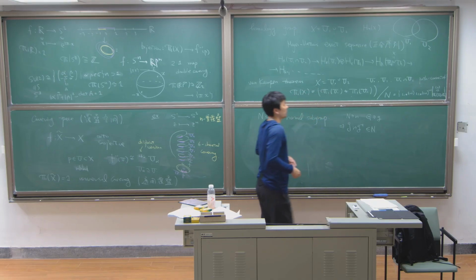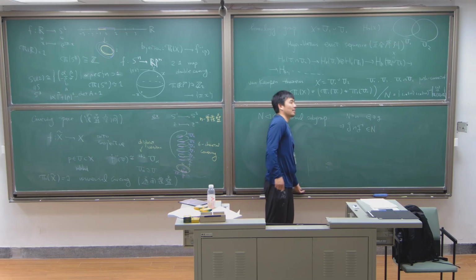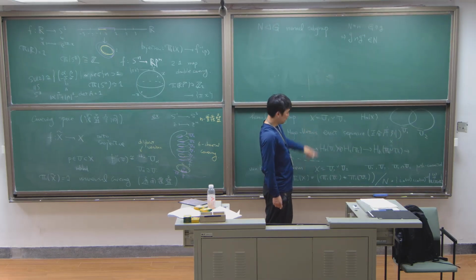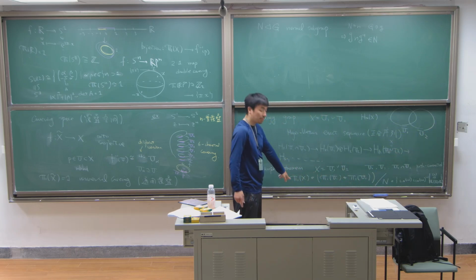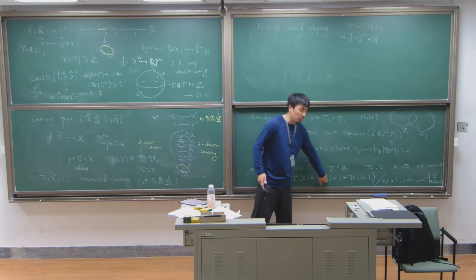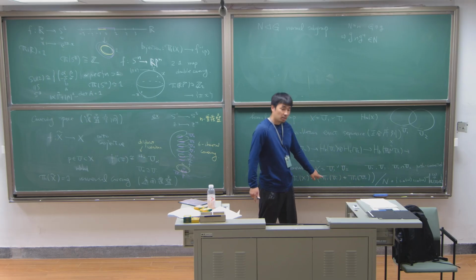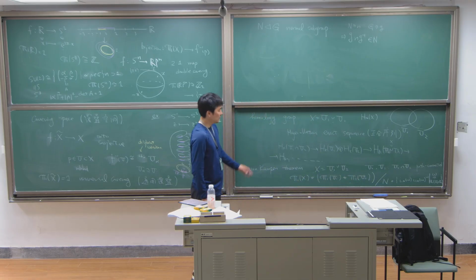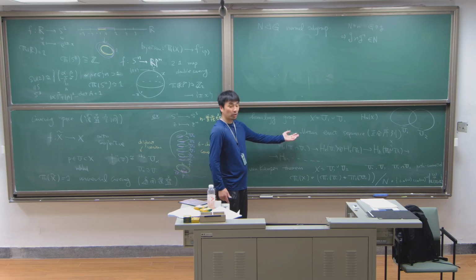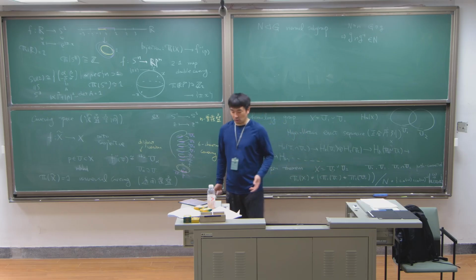Anyway, the van Kampen theorem says that if the total space can be decomposed into two pieces, one can construct the fundamental group of the total space out of the fundamental groups of the smaller subspaces. It's very similar in spirit to Mayer-Vietoris, which also uses the homology of smaller pieces to construct the homology of the total space.